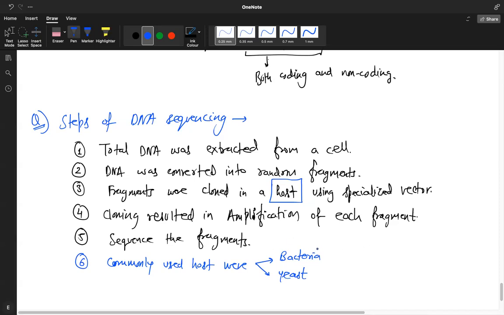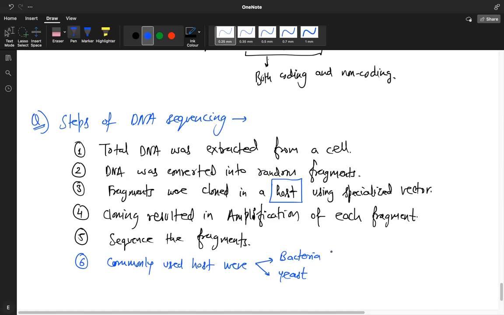Bacteria is a unicellular prokaryote. And in both there will be different vectors. Vector is what carries our fragment. So remember in biology, vector is something that carries that piece of information, or that carries something from one system to another. For example, mosquito is a vector that carries plasmodium into itself and then transfers it to us so that we get malaria as a disease, okay?